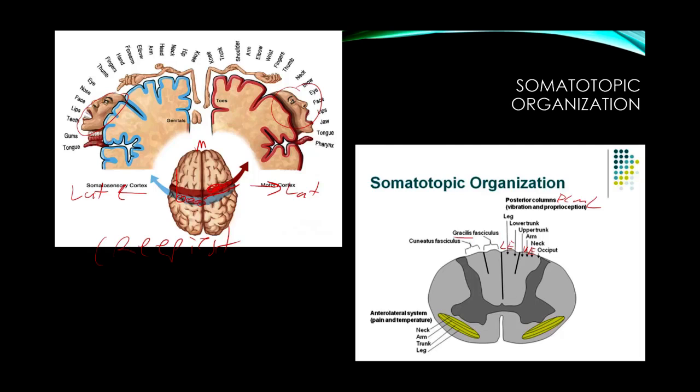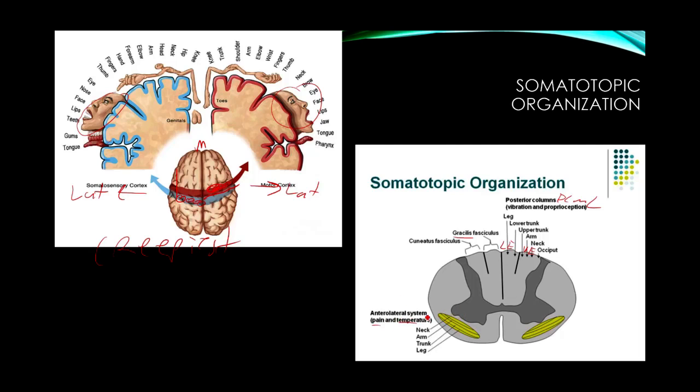Regarding the anterolateral system, responsible for pain and temperature transmission, there's also a layered organization here: neck, arm, trunk, and leg. Then one thing to remember, the names of the systems tell you where this information is traveling.